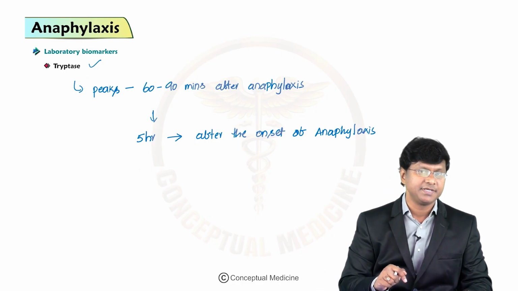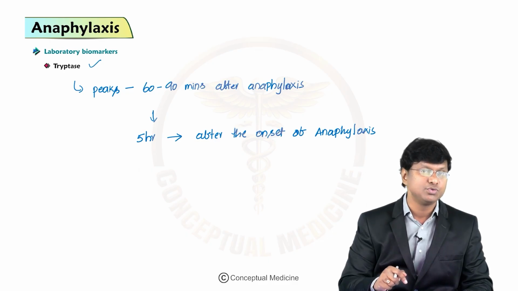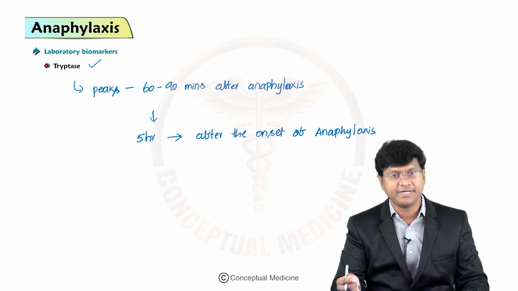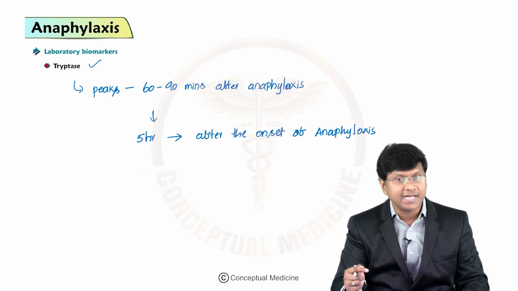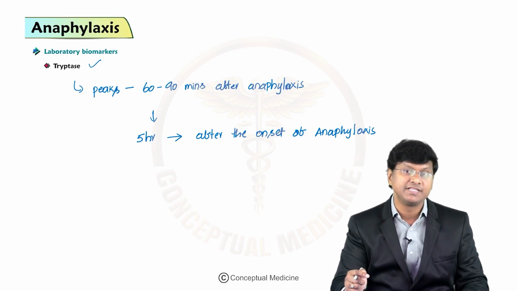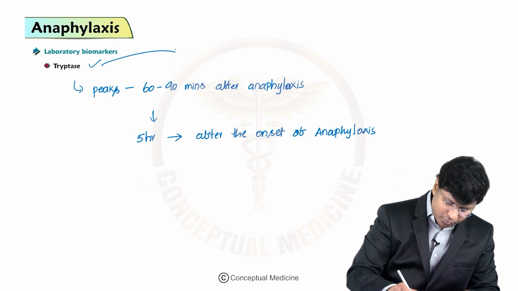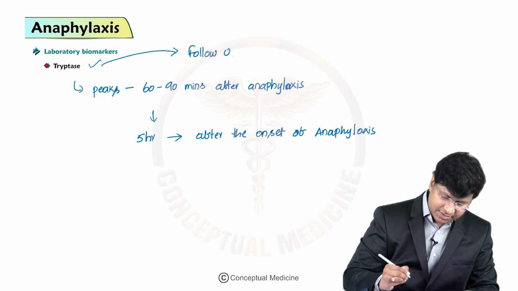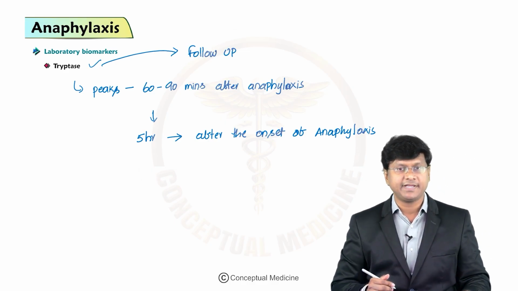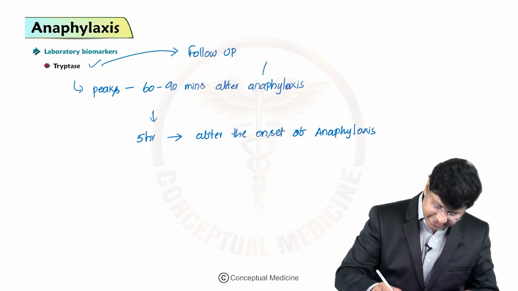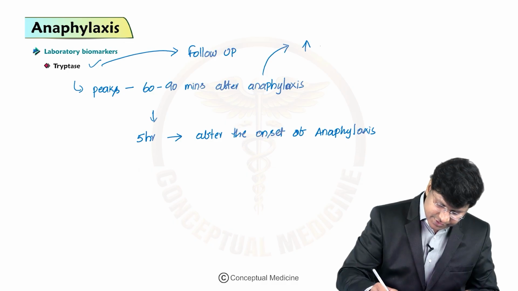This tryptase may be useful to follow up an elevated tryptase measurement in the acute setting with another measurement when the patient is clinically stable, to establish the baseline reference. So this is also useful for follow-up. What do I mean by that? During an anaphylactic episode, definitely the levels of the tryptase will be increased.